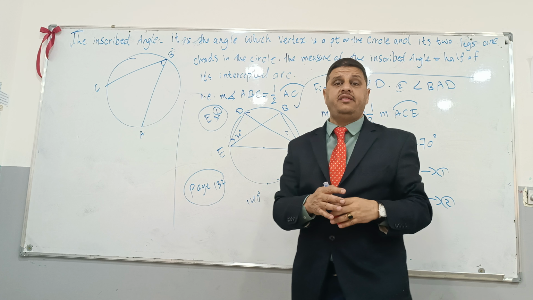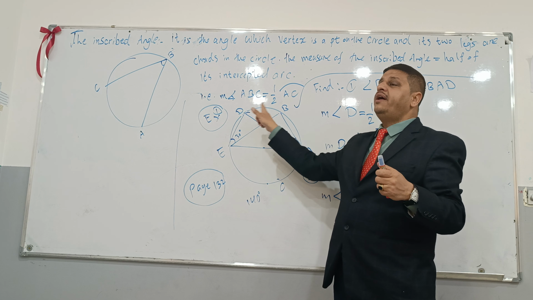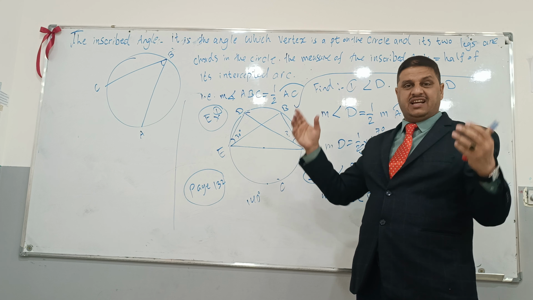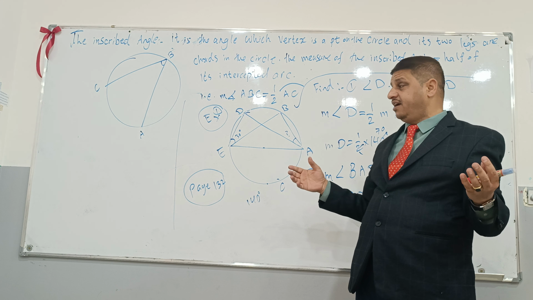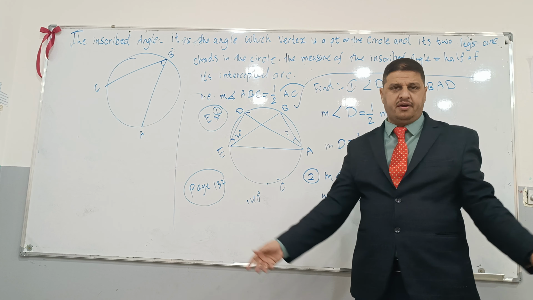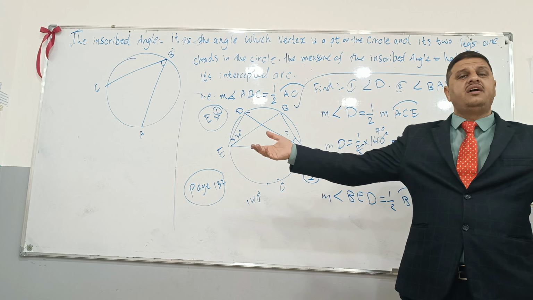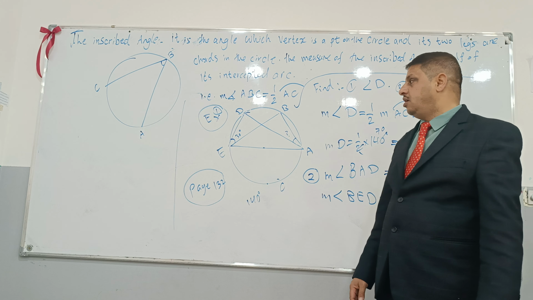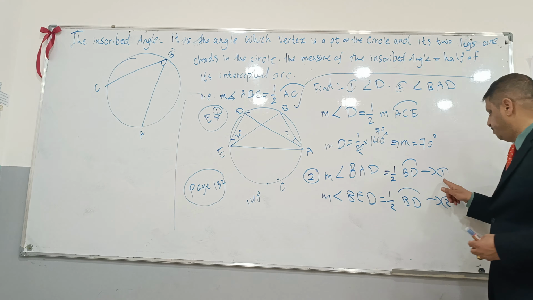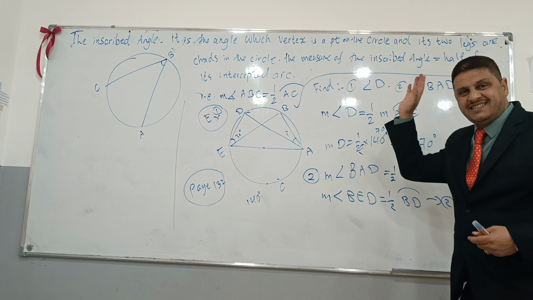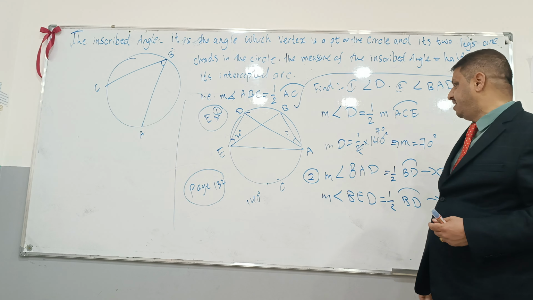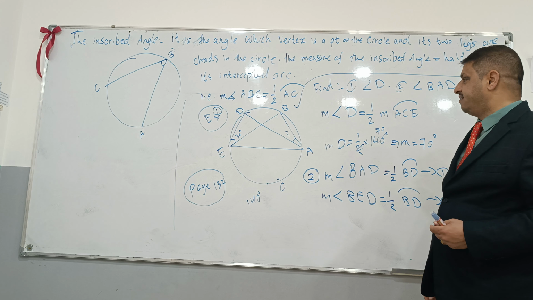The measure of the inscribed angle equals 1/2 of its intercepted arc, okay? But the intercepted arc does not exist. I make this an equation as the equations in the third chapter.